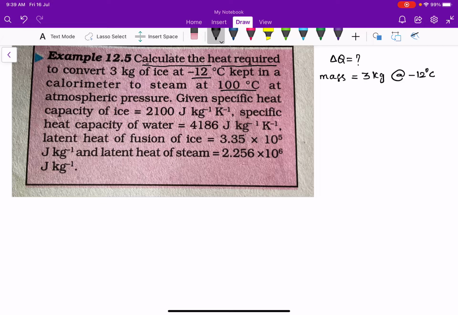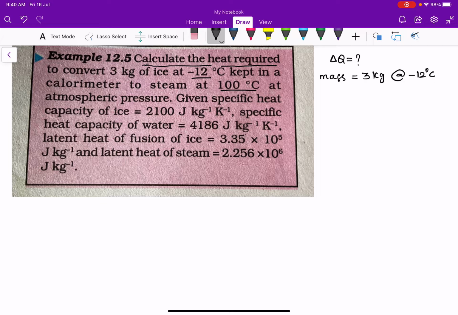We need to find out the heat energy required to raise the temperature of ice from minus 12 to 0. At 0 degrees Celsius, it will change state, and after that, the total ice will be in the form of water at 0 degrees Celsius. Still, we need to supply heat energy to the water at 0 degrees Celsius, so the temperature of water increases from 0 to 100.